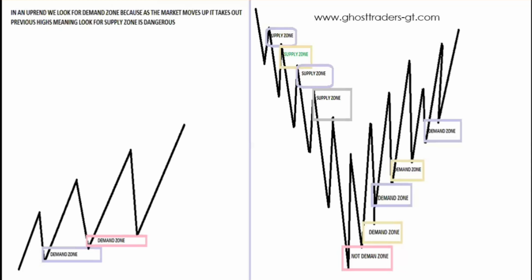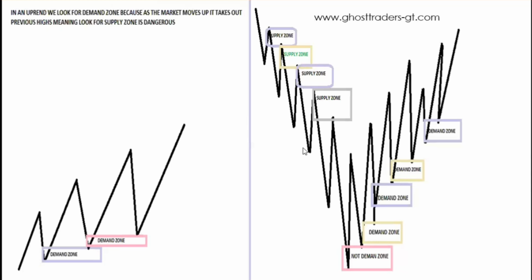I hope you get this. So as you can see here, I've indicated something. These are our downtrend and these are our uptrend. So as I've mentioned earlier, in a downtrend, we are not looking for demand zones. We only look for supply zones. And the reason why I'm saying in a downtrend we are not looking for demand zones is because the market is taking out previous lows, previous lows, previous lows.